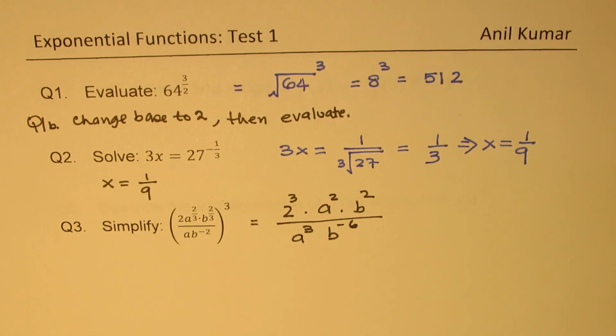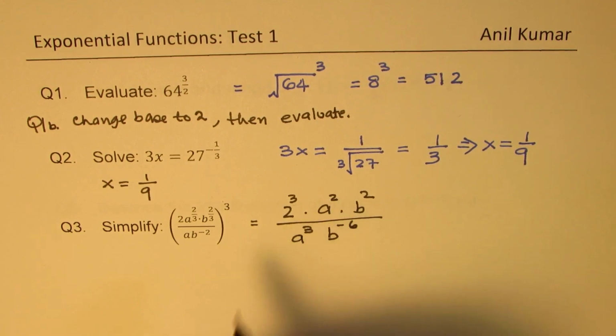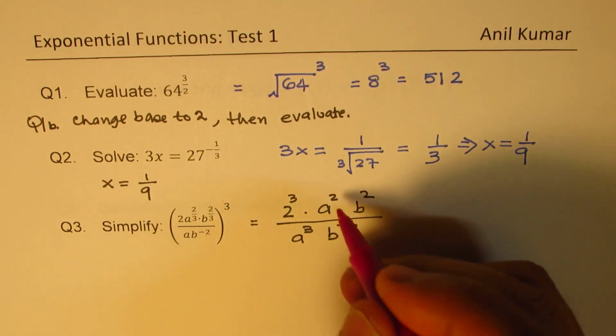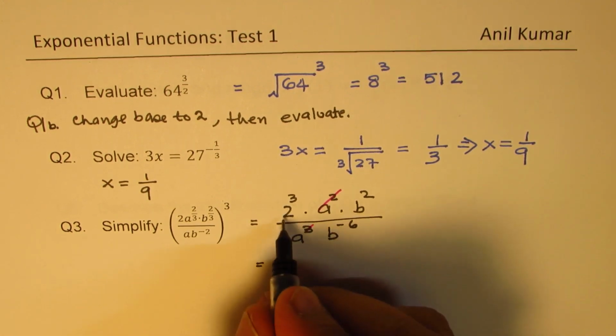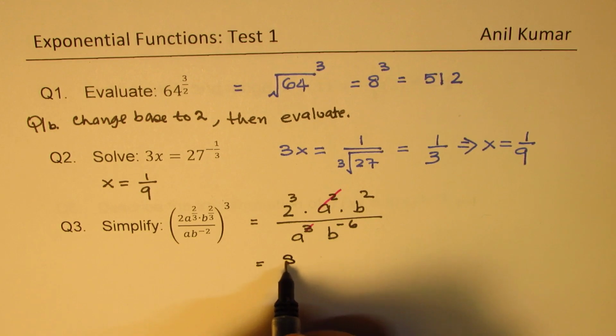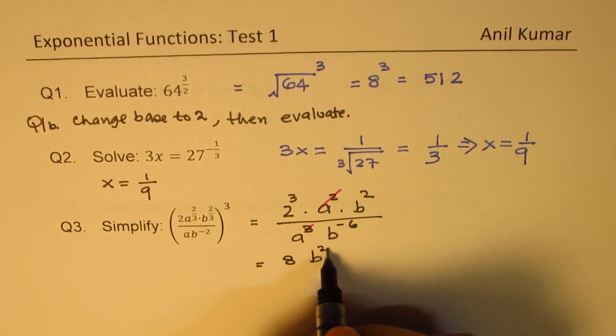Now, as you can see here, the powers of 2, we could actually cancel these. We are left with 1 here, but this goes in the numerator. Perfect. So what I'm trying to say here is that you could write this as 2 to the power of 3, which is 8. And we have b to the power of 2, and this is minus 6, so it becomes 2 plus 6.